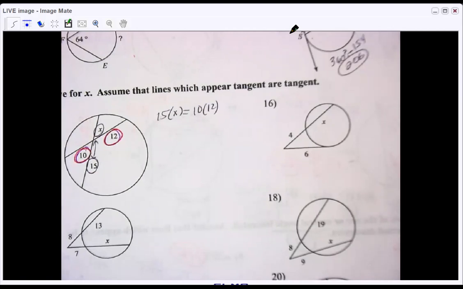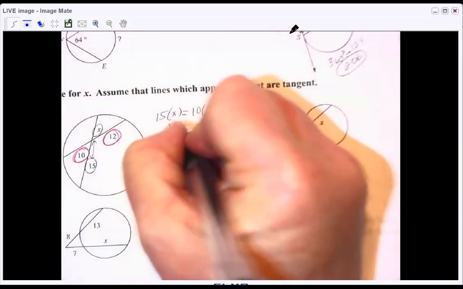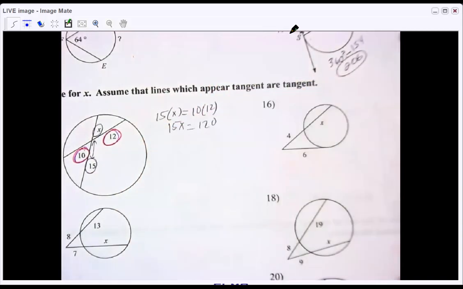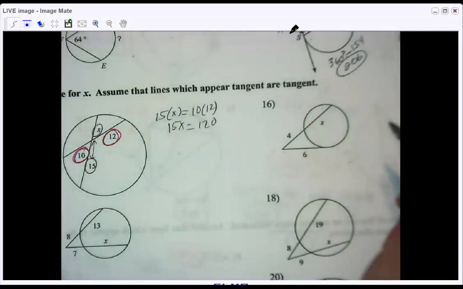We're just going to solve 15x equals 120. Now solve. Yep, so we multiply them together and then divide by 15, we get what?